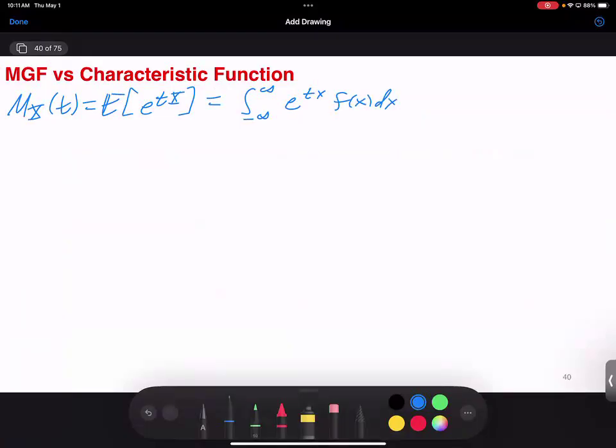Can somebody give me a distribution where this does not exist in a neighborhood about the origin? So where it doesn't exist, for all t close to 0, if f is what? Or we'll say fx is what?